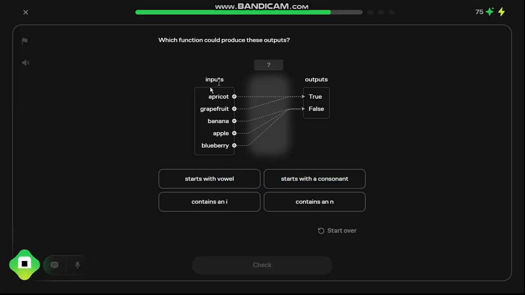And next one is start with a consonant, but the true one, apricot, is a vowel. So let's continue. Contain an I. Apple does have I, but grapefruit doesn't have I. Contain an N. Wait. Oh yeah, they both have I. So I think it's also I.